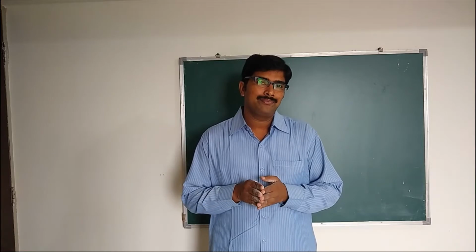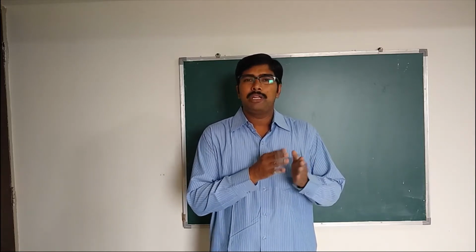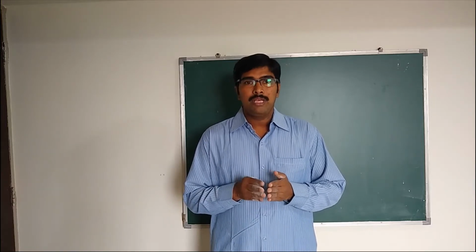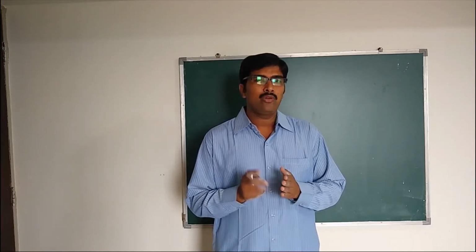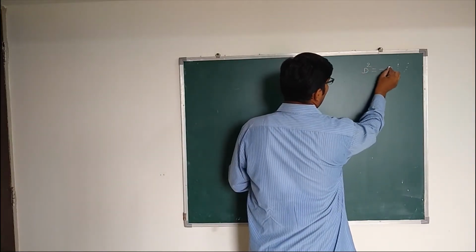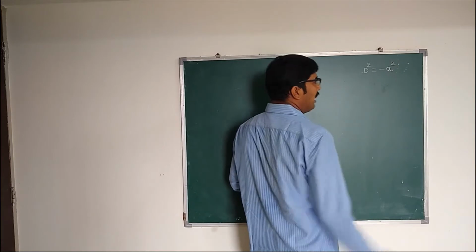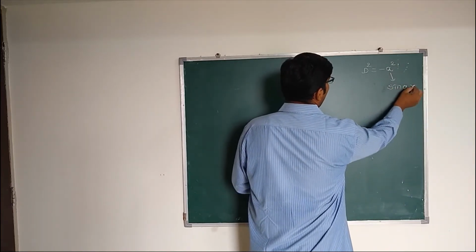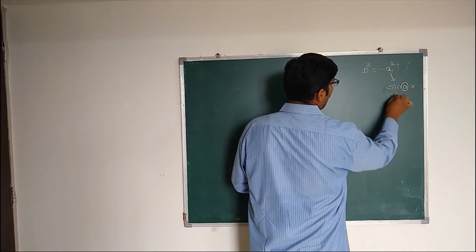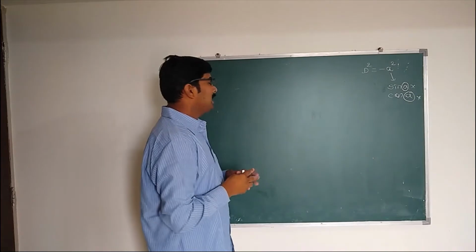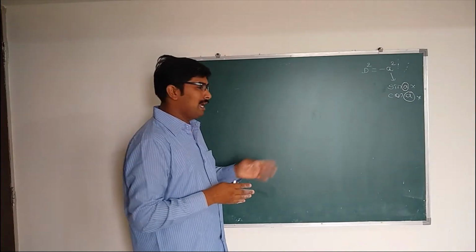As we know, the particular integral of sin ax and cos ax is obtained by substituting d square equal to minus a square, and the value of a is obtained from either the sin ax or the cos ax. Okay, let us clear this by using this example.